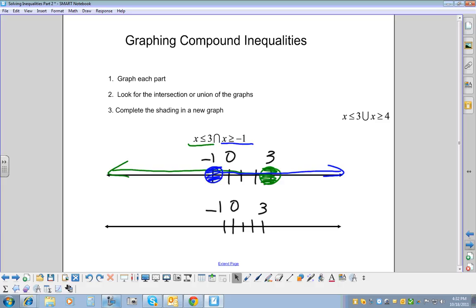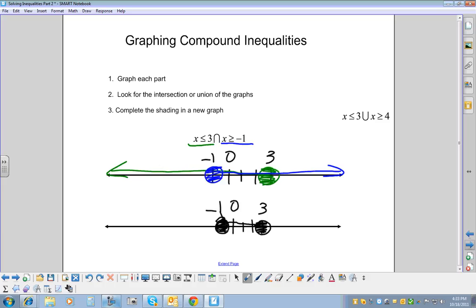So I'm looking along my shading, and I see that from left to right, it's only green until it gets to -1. And at -1, it's both green and blue because it's a critical point that's been shaded, and it's shaded by the green line. So I'm going to include -1, and it's double shaded all the way to 3. And again, that is shaded by the critical point as well as the line.